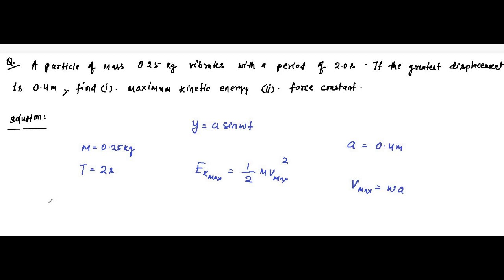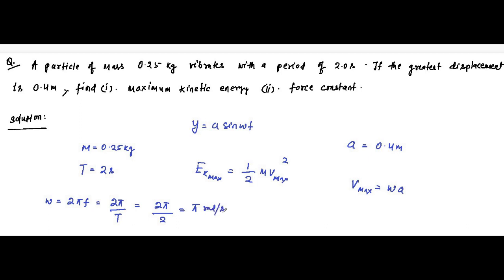We know that angular frequency is equal to 2πf, where f is the frequency in hertz, or equal to 2π by the time period T. So here it will be 2π by 2, that is equal to π radians per second.